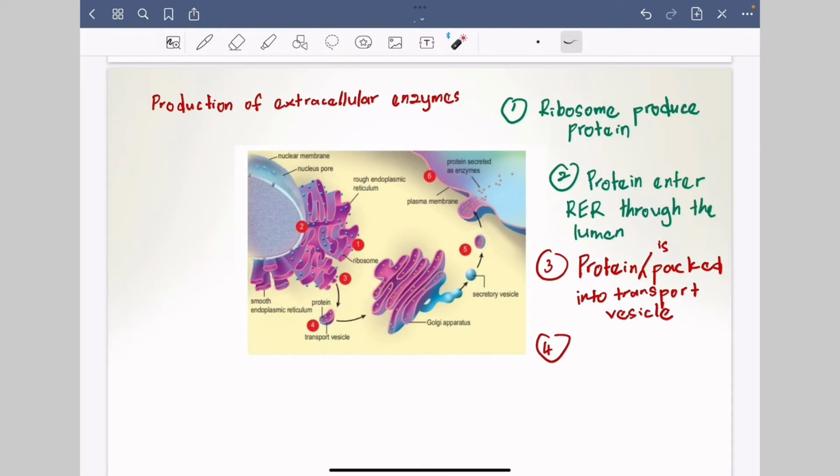And then the fourth point, this transport vesicle will carry the protein into the Golgi apparatus.